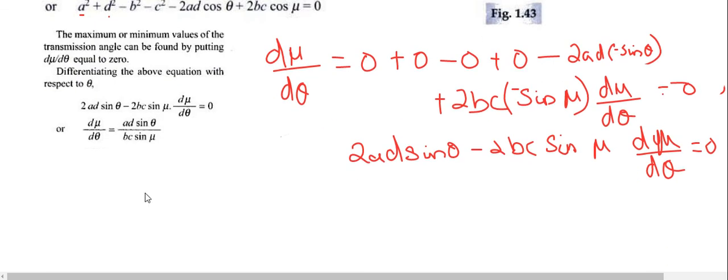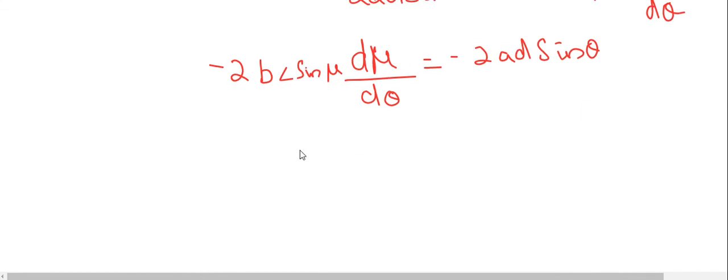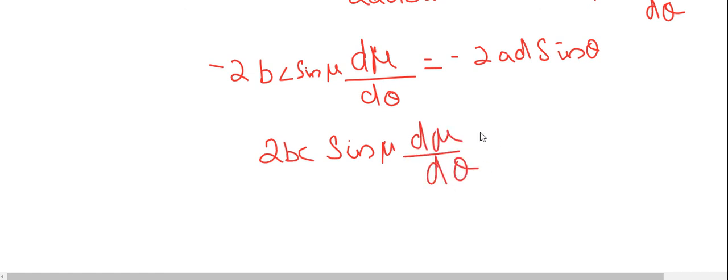From this you can find d mu over d theta. Negative 2bc sin mu times d mu by d theta is equal to negative 2ad sin theta, and the negative and negative get cancelled.